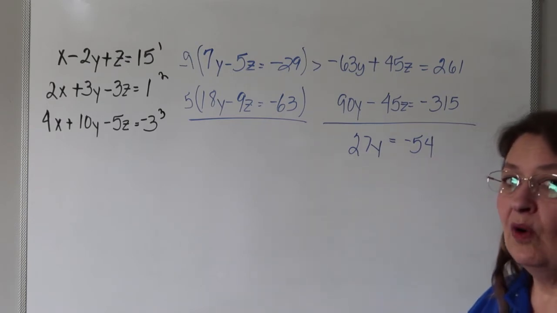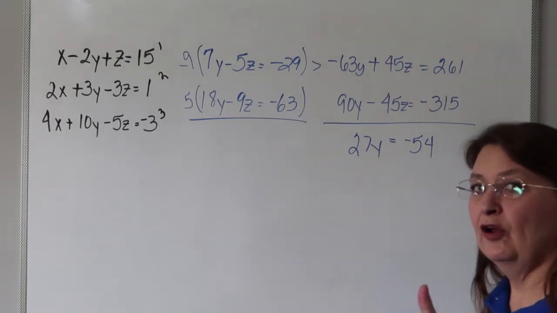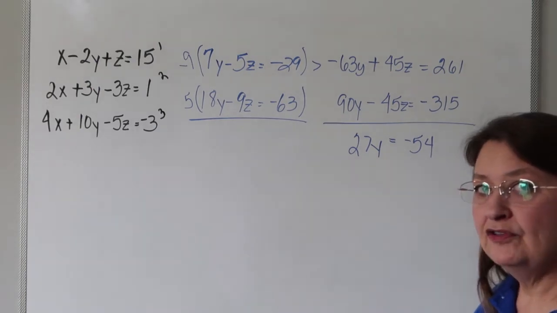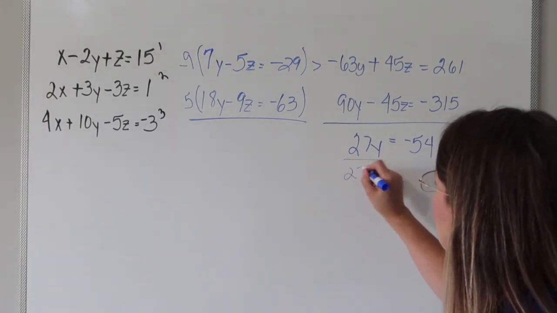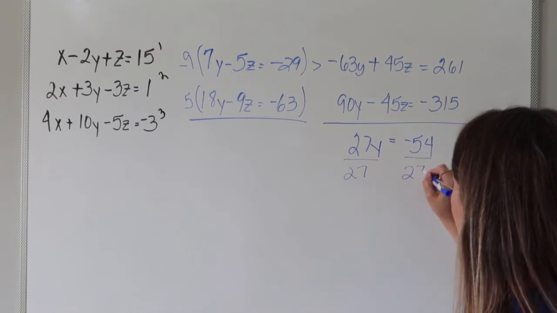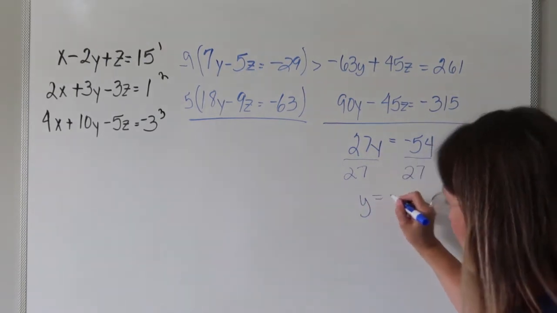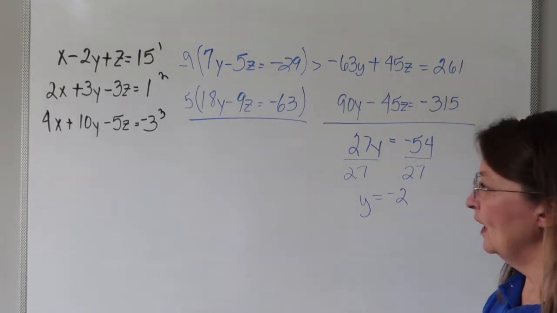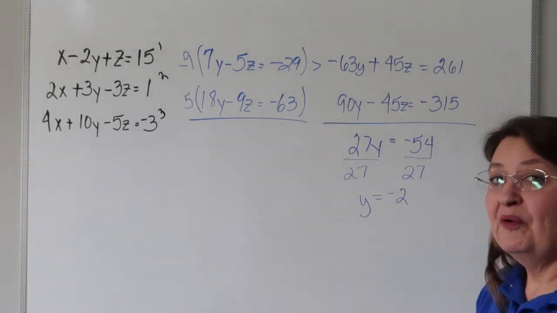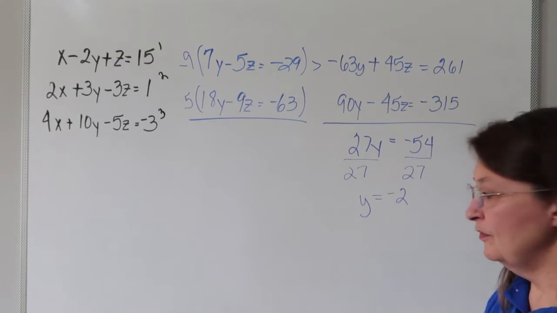Now you have an equation that has one variable, which you can solve using your 4 steps to solving an equation. So divide both sides by 27, and you're going to get y is equal to negative 2. Alright, this is awesome because now we have one letter of the 3.